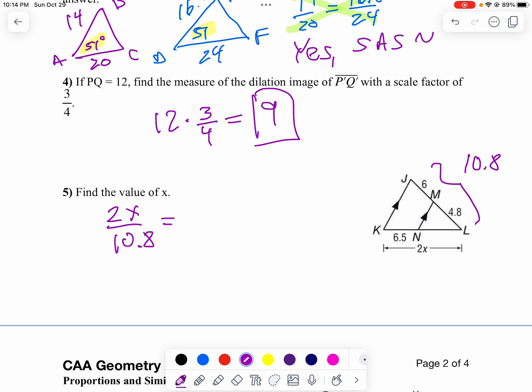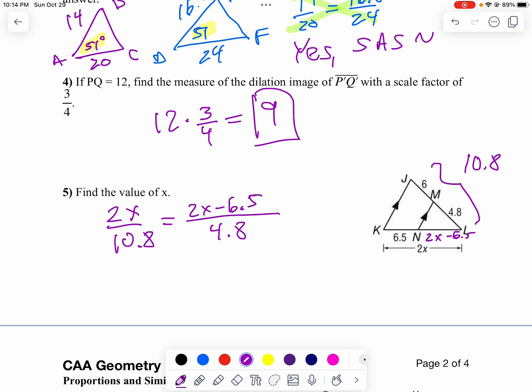And we'll compare the small triangles. Well, NL would be 2x minus 6.5 then, wouldn't it? So I'll say that's 2x minus 6.5 is to 4.8.